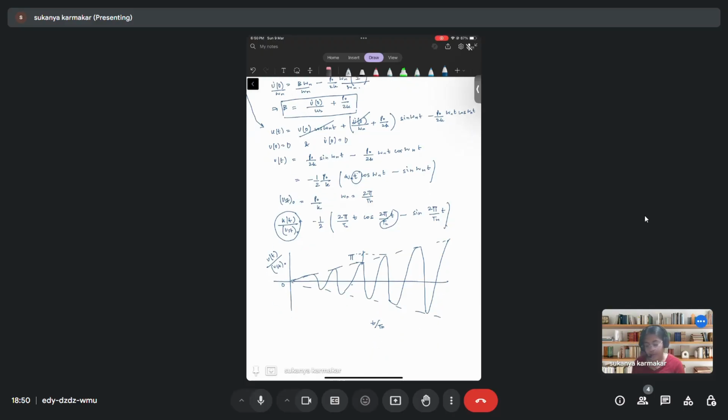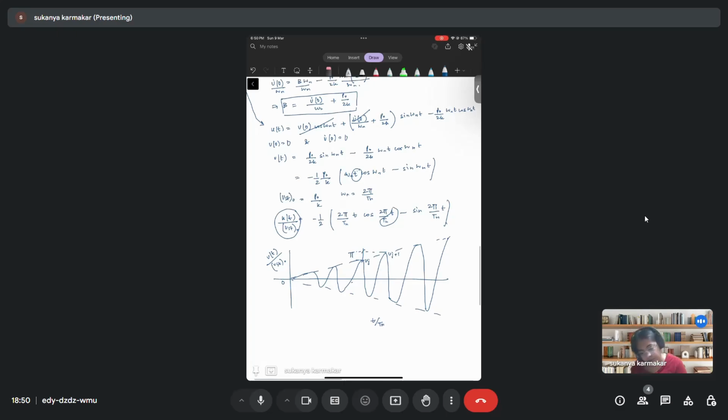Suppose I want to know, when I move from one cycle to another cycle, that is, let's say this is uj and this is uj plus 1, how much is the increase in the amplitude?